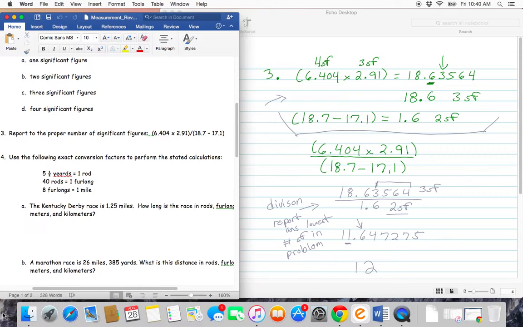If we were to disregard all of the work that we have done previously, and just look at this particular problem, I'm going to draw a little line here to separate. Let's do the computation first, and not worry about the rounding just yet. If we do the computation first, we get, again, 18.63564 divided by 1.6.